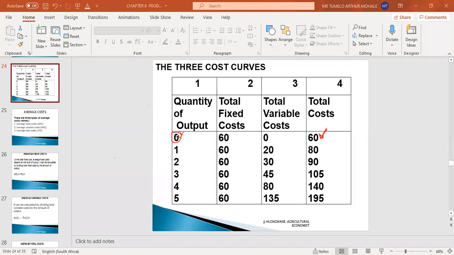The farmer is not producing anything there, but the farmer is incurring costs. So in a practical sense, that tells you that this farmer is incurring the fixed costs. Because remember, the fixed cost will remain fixed. Whether you produce or you don't produce, they will always need that money.